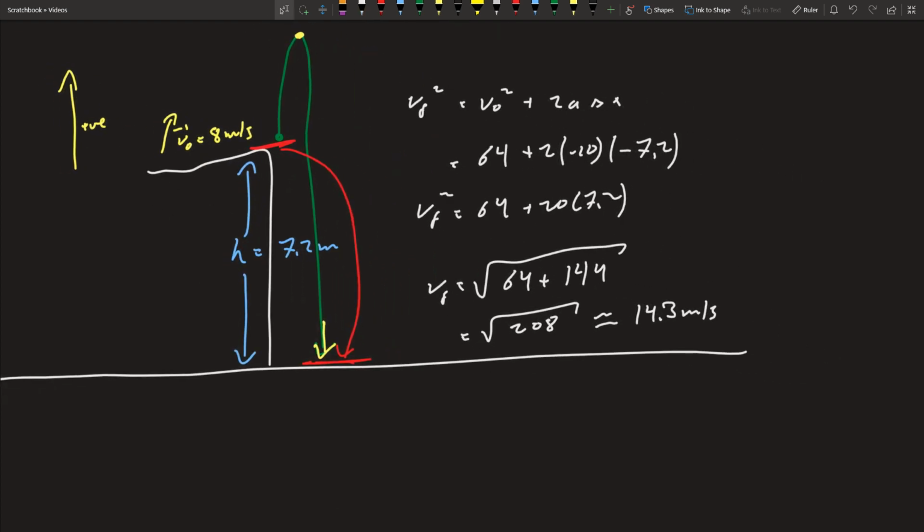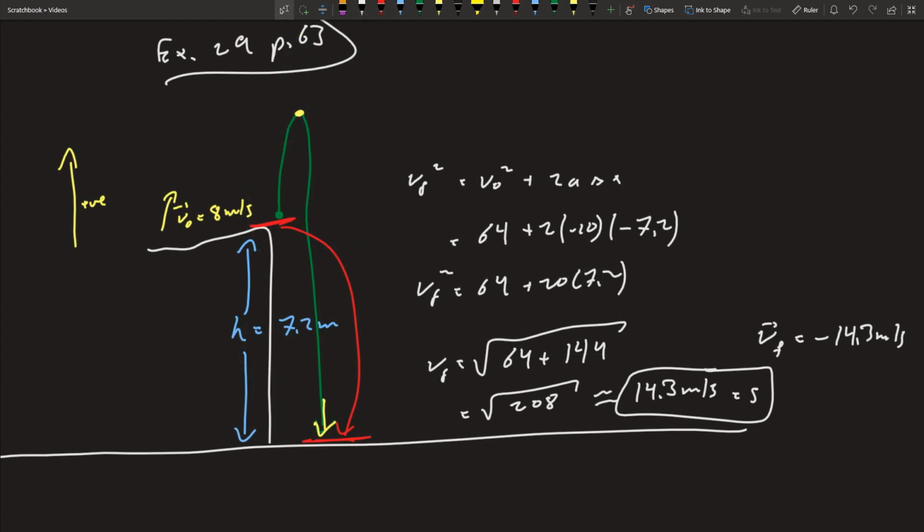So that's V final. But the velocity vector V final is equal to negative 14.3 meters per second because it's going downwards. Of course, the speed is positive, so that's the speed. Now for part B. So that was part A.